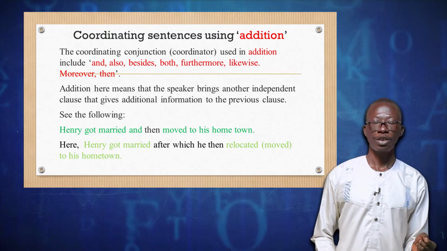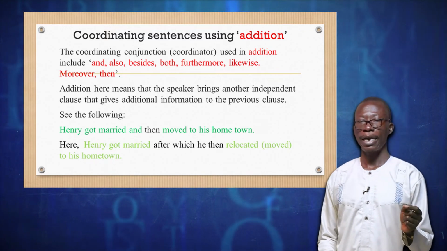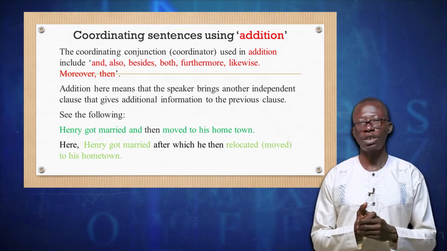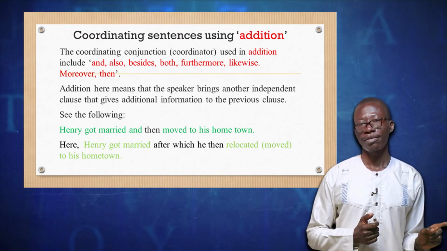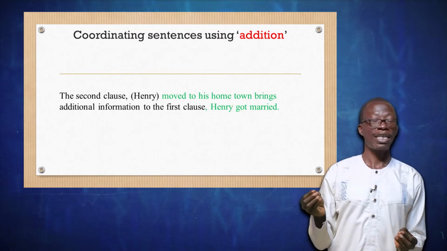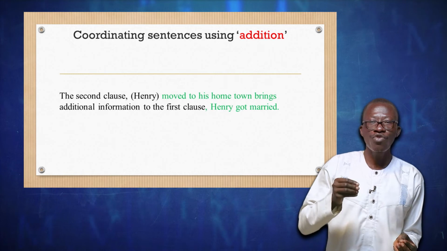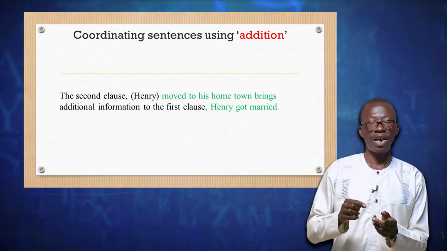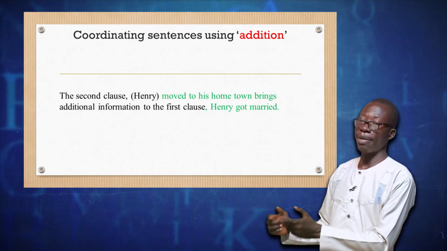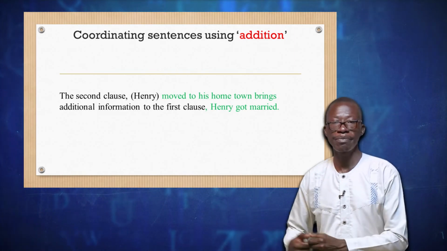The second clause, that's Henry moved to his hometown, brings additional information to the first clause, Henry got married. So let's take note. The second clause we have in the sentence is Henry moved to his hometown. Remember, it should have been Henry got married and then Henry moved to his hometown, but there's no need to repeat Henry again.